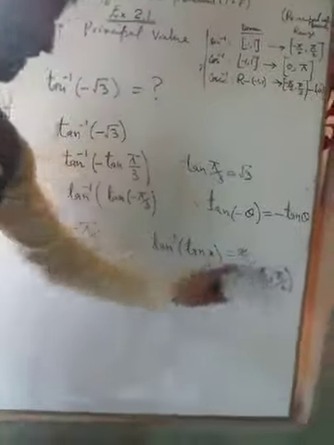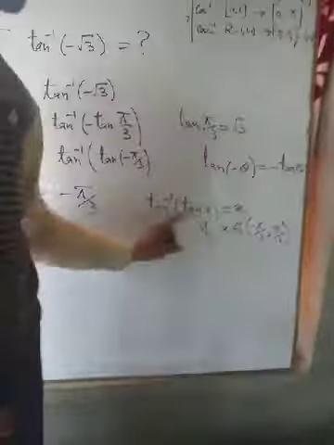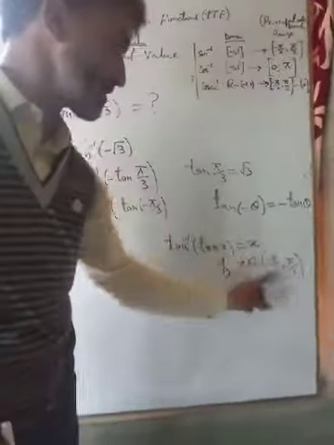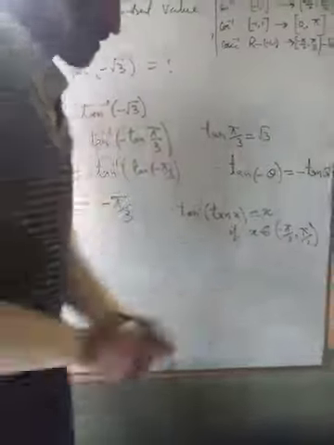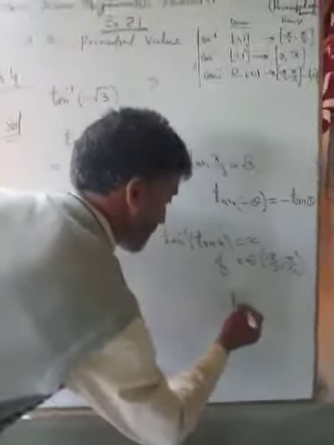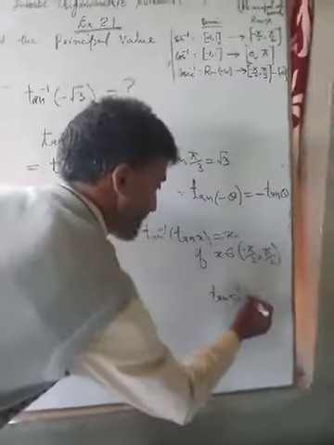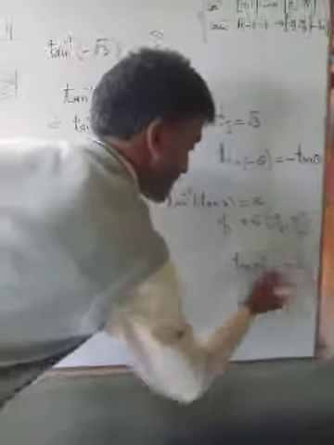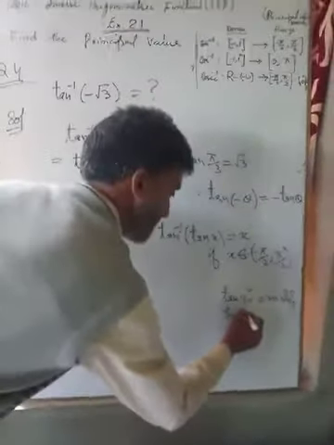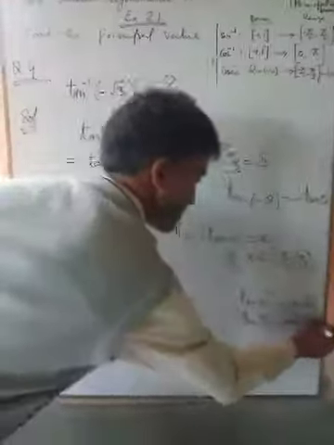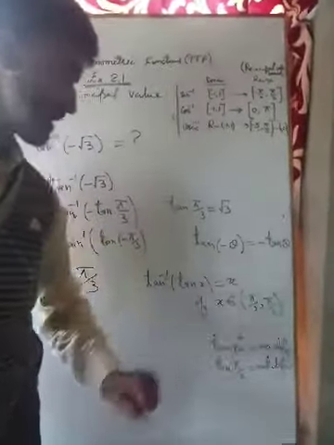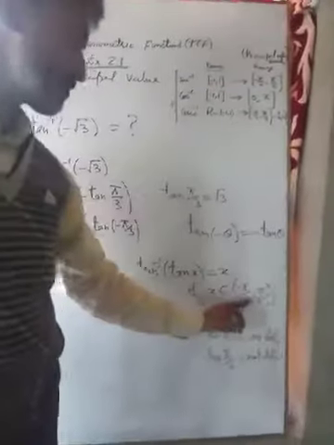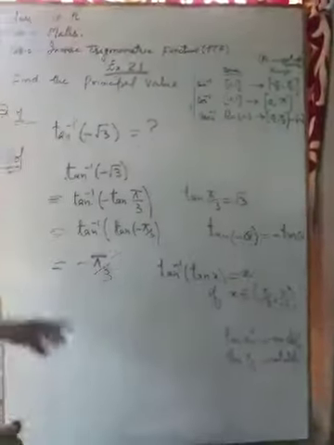The principal value branch of tan inverse is minus pi by 2 to pi by 2 open interval, because tan is not defined on pi by 2, because tan of 90 degree is undefined, or we can write in radian as tan pi by 2 is not defined. So here it is open interval, minus pi by 2 is not included, pi by 2 is not included. The values between minus pi by 2 and pi by 2 are the principal values of tan inverse.